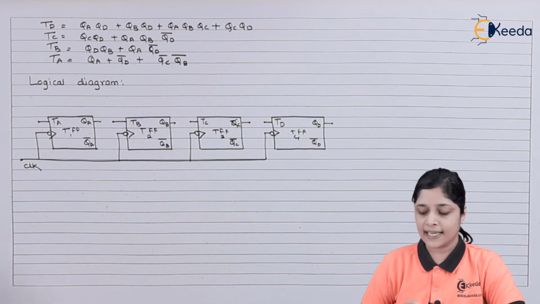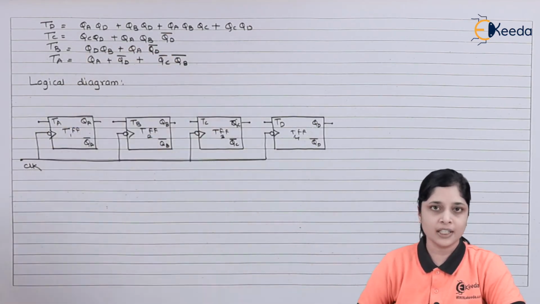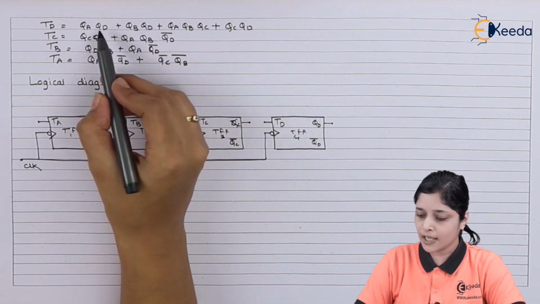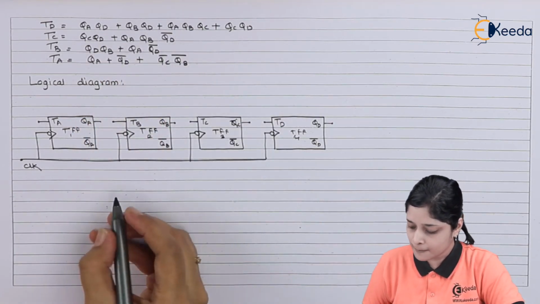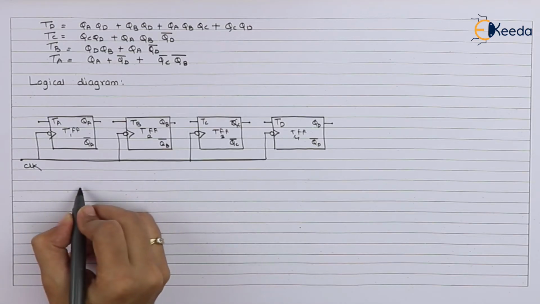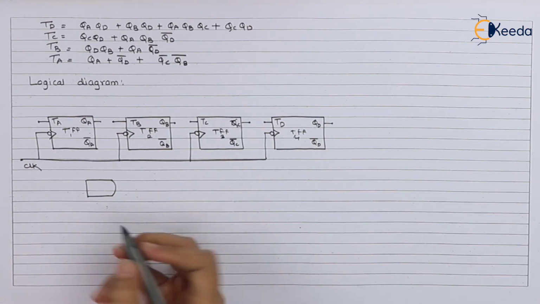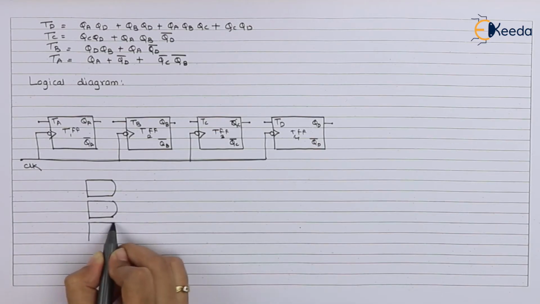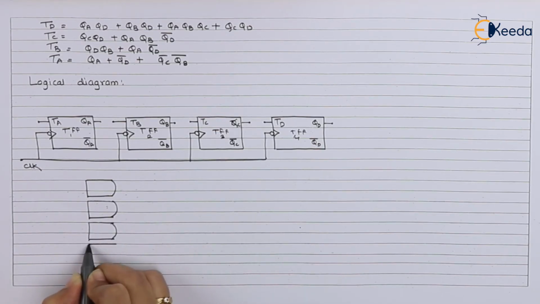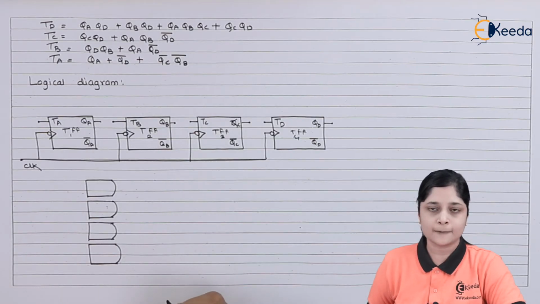Now after that I will draw the logic diagram for TD. So we require here 1, 2, 3, 4 AND gates. This is your first AND gate, this is your second AND gate, third AND gate and this is your fourth AND gate.